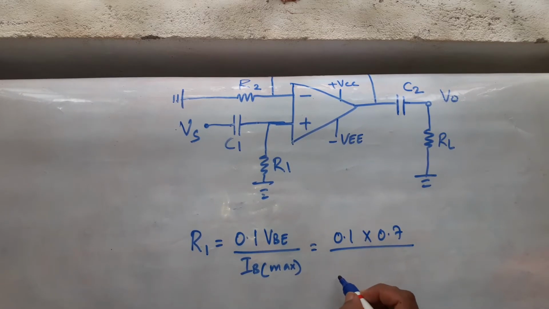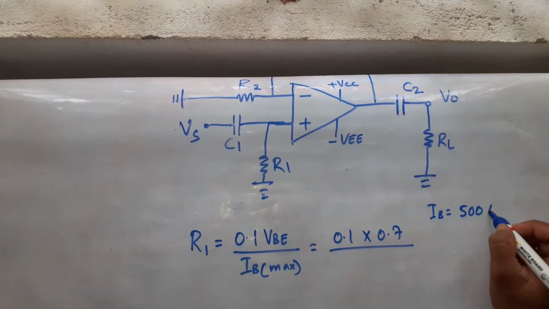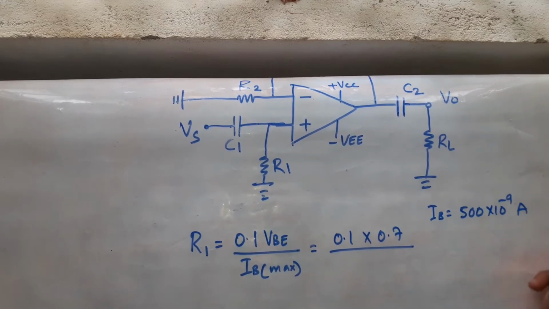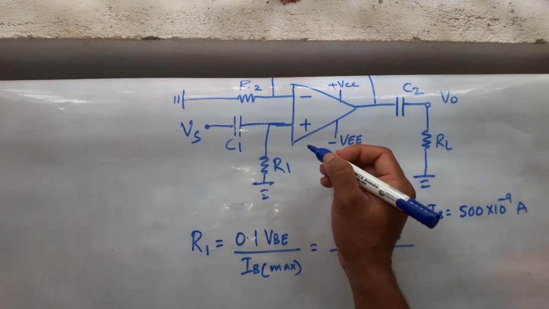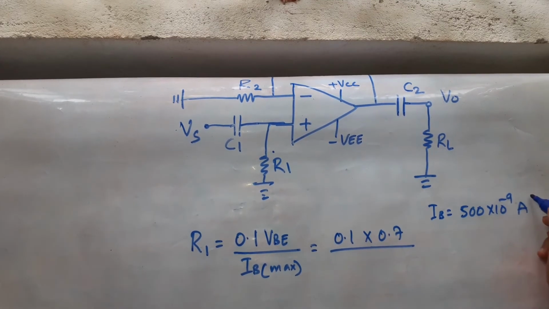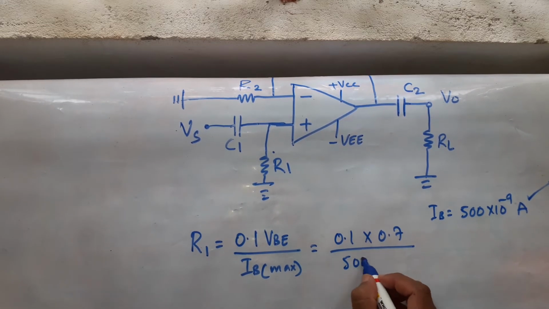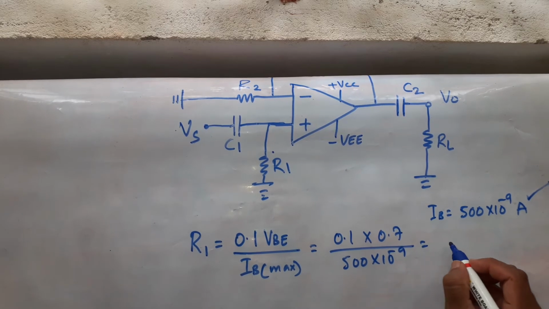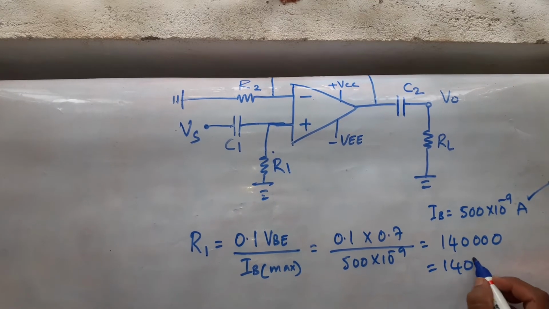What is IB max? Remember, IB max is 500 nano amperes, a very small current. This IB is flowing across R1. This is always assumed to be 500 nano amperes. VBE is 0.7 volts. So this will give you 140 kilo ohm.